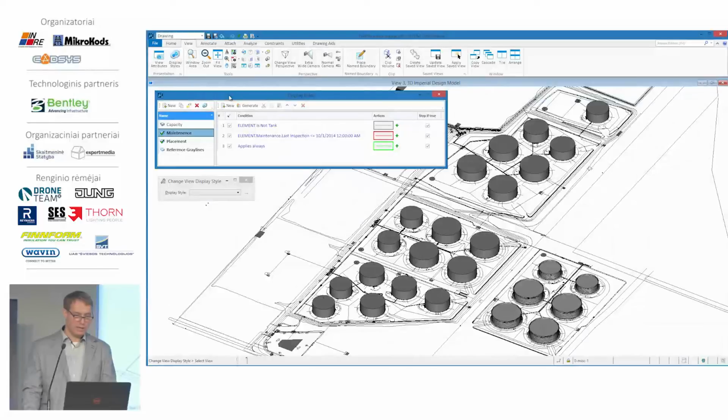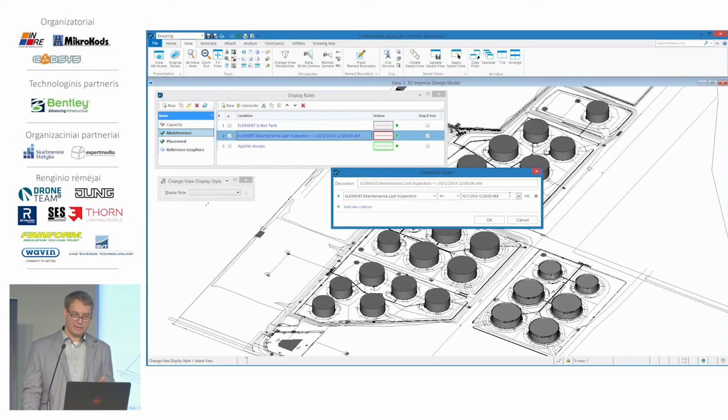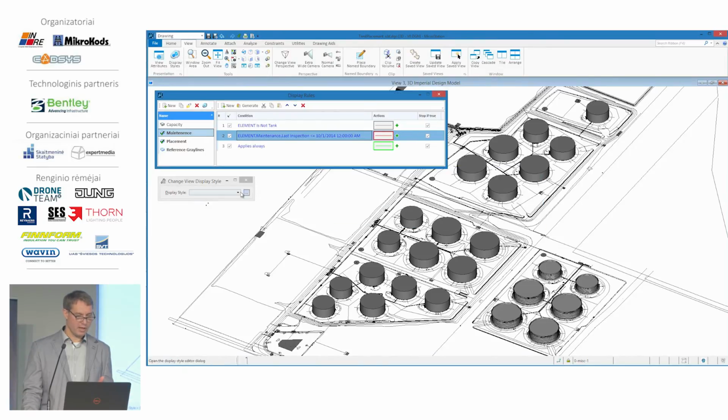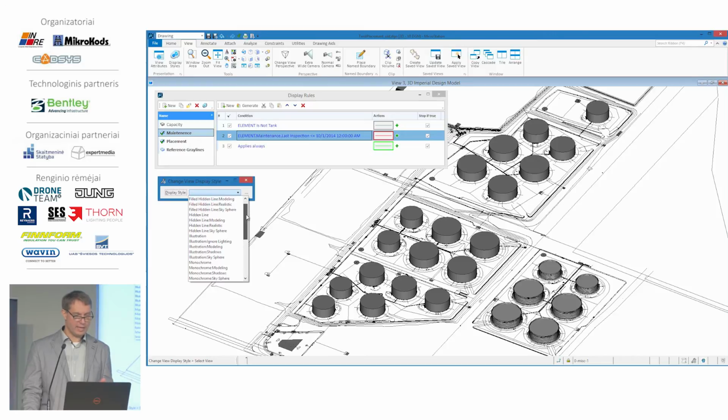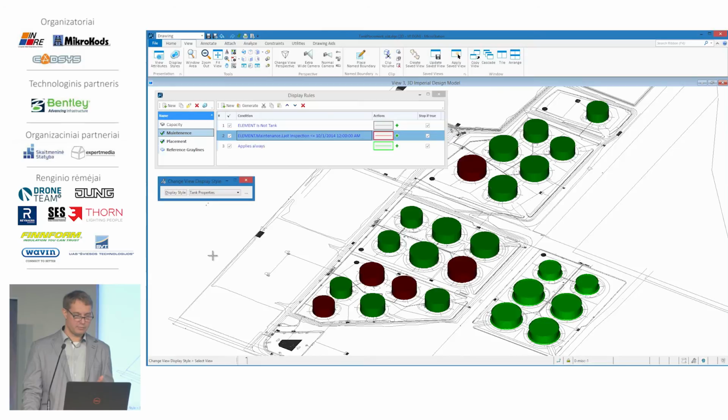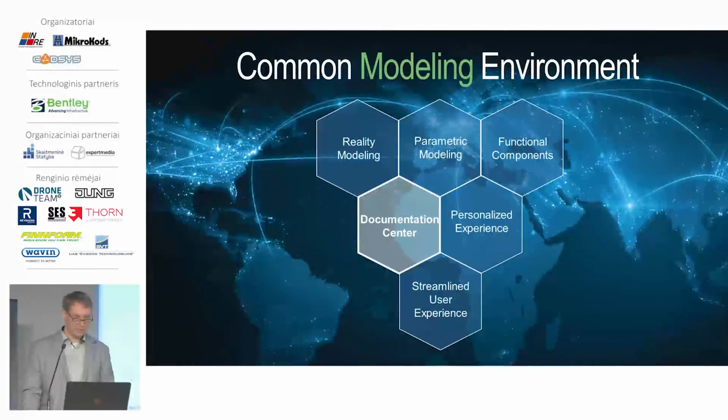Even more, it can have maintenance data which you can visualize. Let's say, saying in what time period some oil tanks have to be maintained. MicroStation uses display rules for colorizing those in the 3D environment. That's it.